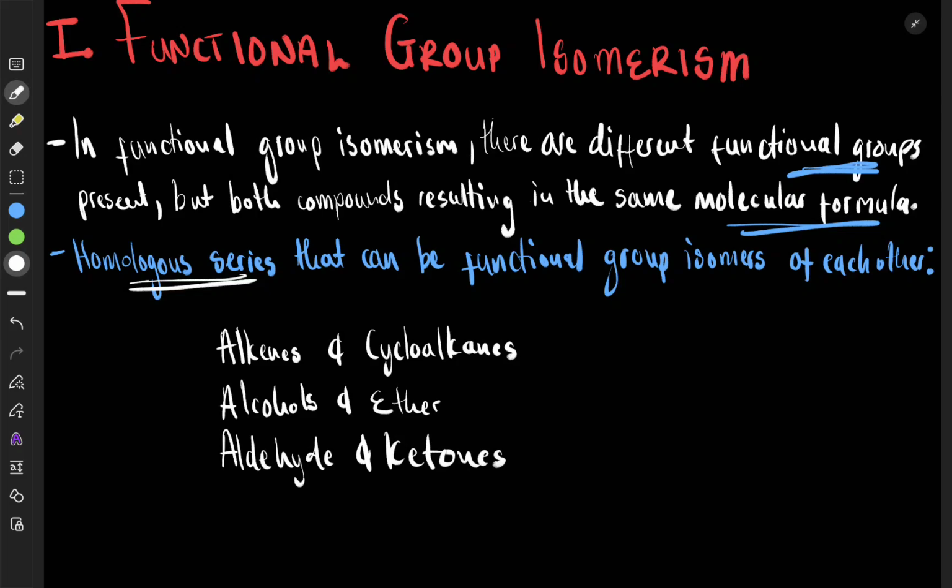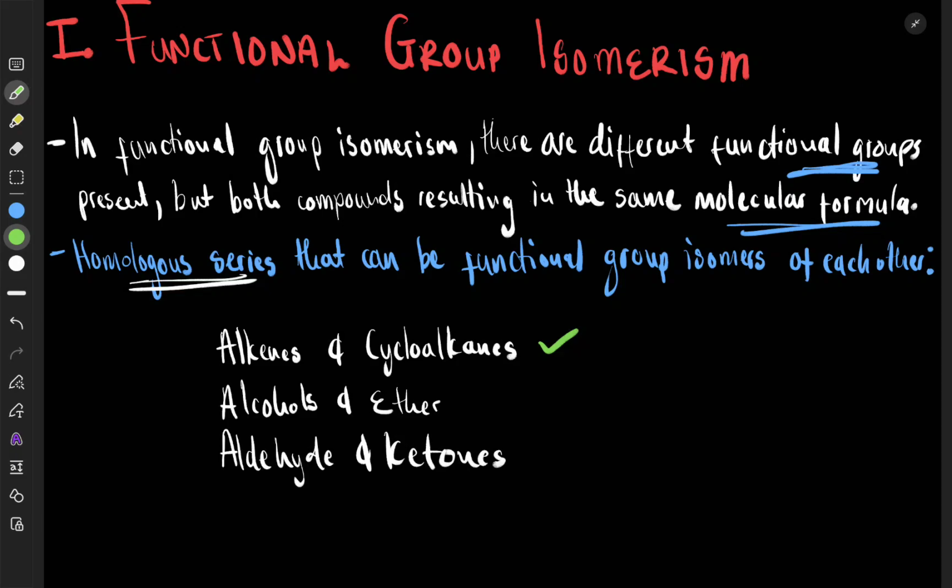And let's see some families that can do that. There are families that can do that, okay? Some homologous series where you can have functional group isomerism. In other words, there are certain families where you will have the same molecular formula but different functional groups. And that is alkenes and cycloalkanes.